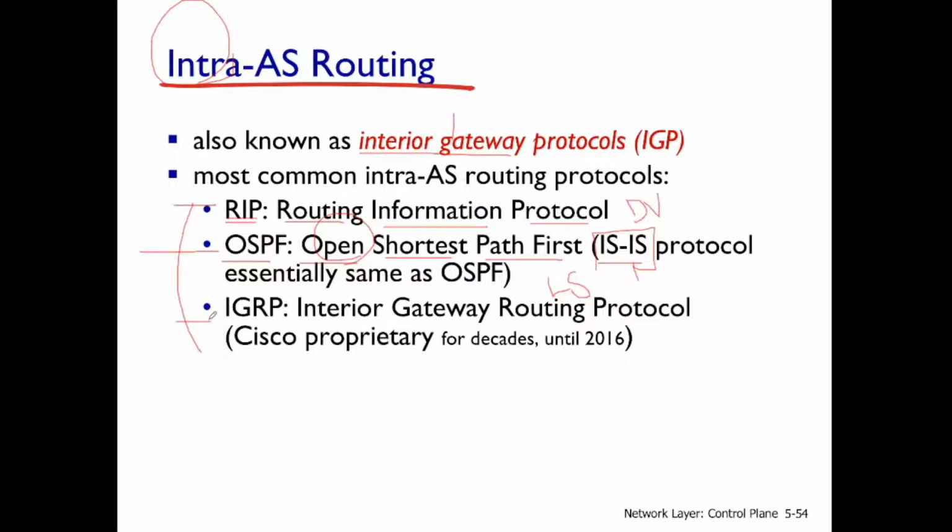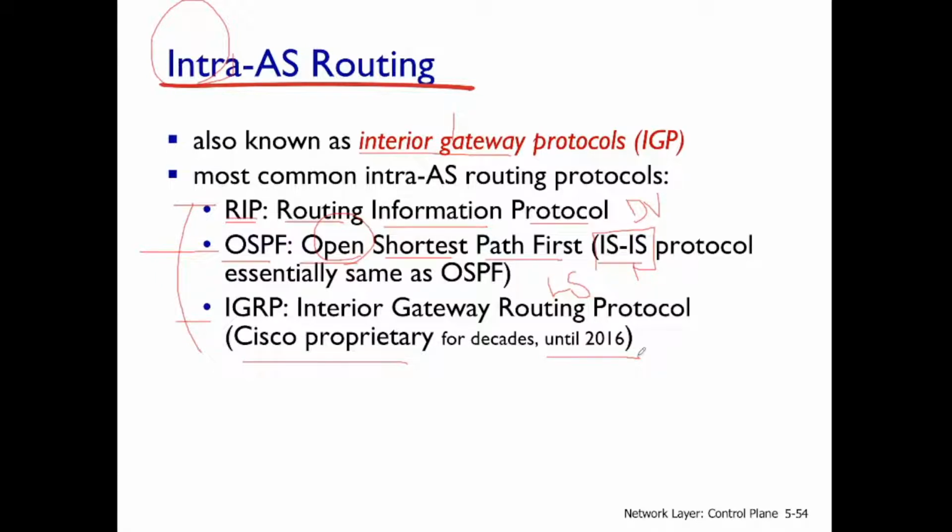The third one is called IGRP, Interior Gateway Routing Protocol. Now, this one is completely closed. It's Cisco proprietary. It came with Cisco routers, but it was only maintained until 2016 and obsolete afterwards. The reason is that Cisco began to embrace software-defined networking.